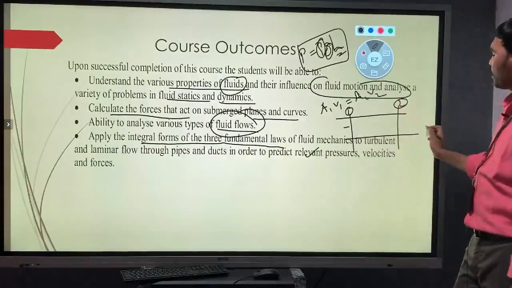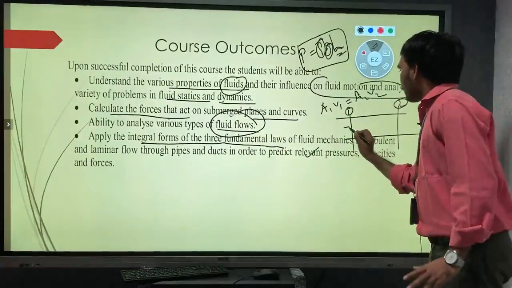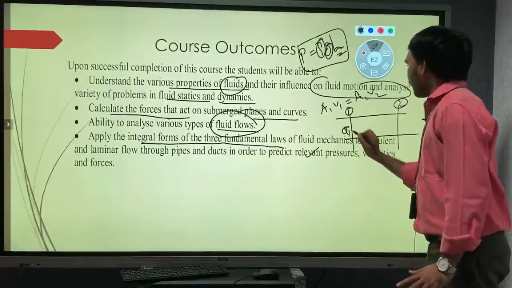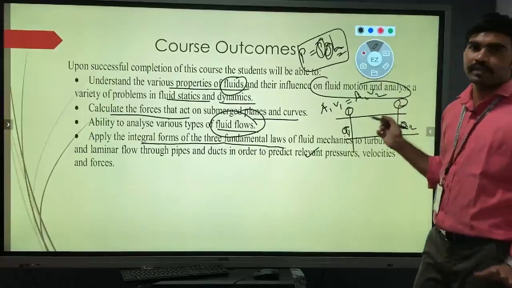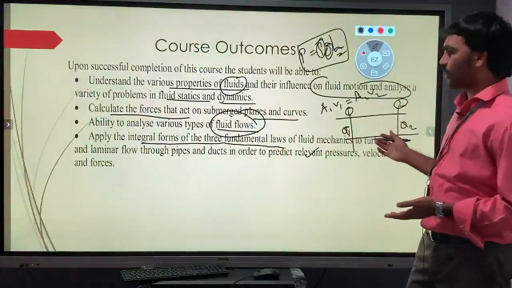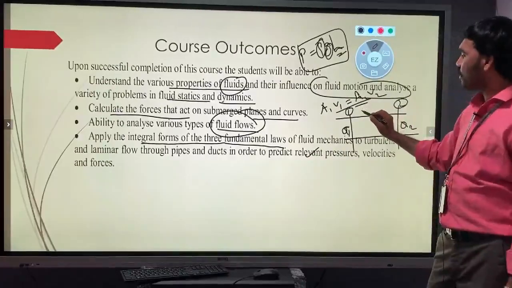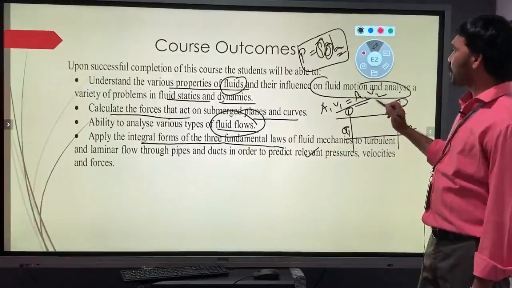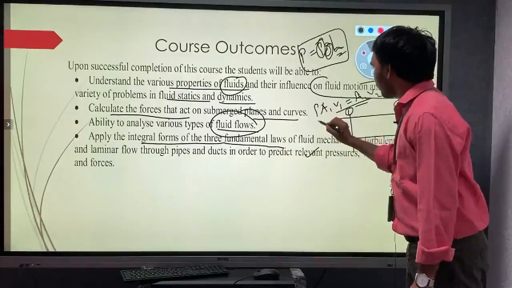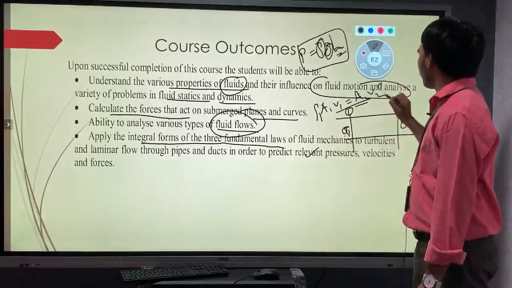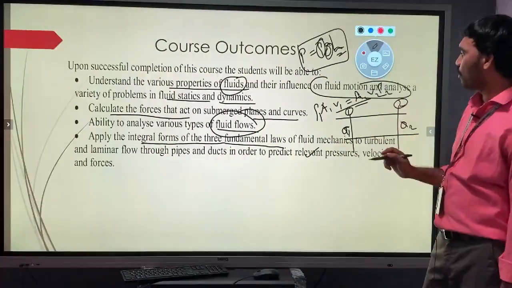What the continuity equation tells you is that whatever flow enters section 1 will be equal to the flow leaving section 2. This is a very important concept for fluid mechanics, and you need to understand it. This is for fluids whose density is constant, and if the density is not constant, the equation will be rho 1 A1 V1 equals rho 2 A2 V2. This is the second important equation that you should know.